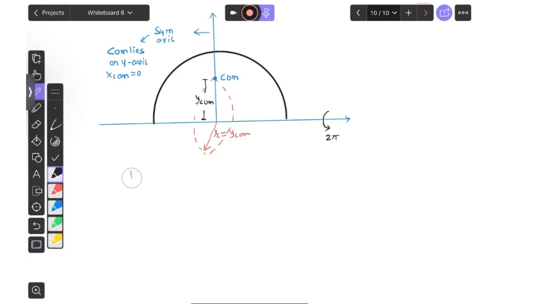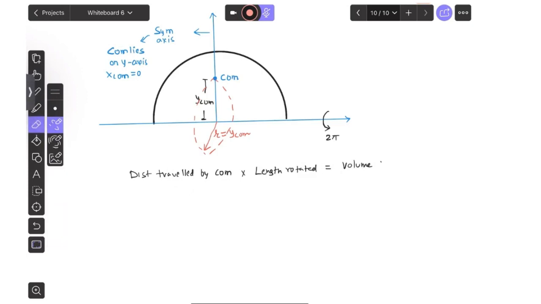Distance traveled by the center of the mass into length rotated is equal to the volume, not volume. What we generate is a hollow sphere and we rotate a length, so we'll say we are generating an area. So area generated.